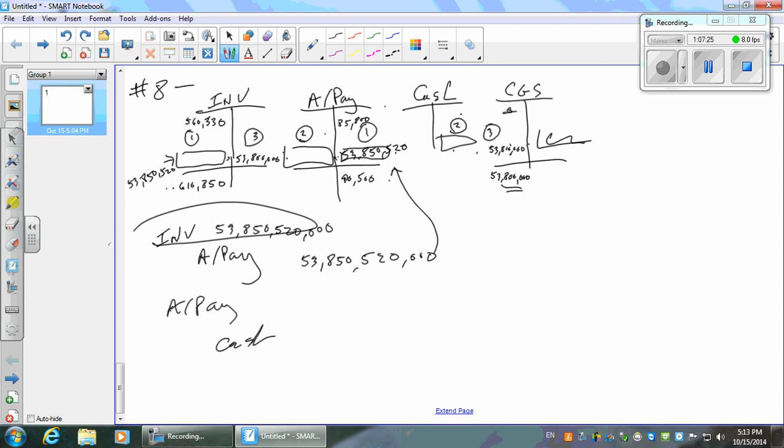What made this hard is the big numbers, isn't it? The difference is 4.7 million. So take 4.7 million away from the 53,855.20. Yeah. All right. Good.